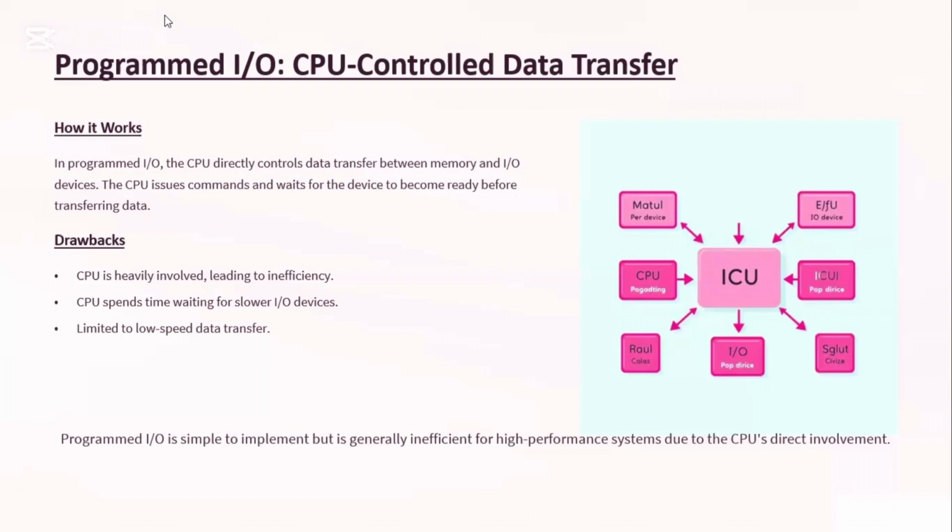Two, the CPU spends time waiting for slower input and output devices. And three, it's limited to low-speed data transfer, meaning it's not suitable for high-speed data transfer. So in all, the programmed input and output is simple to implement, but is generally inefficient for high-performance systems due to the CPU's direct involvement.